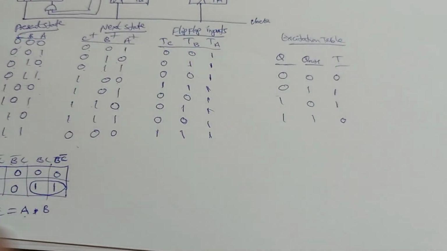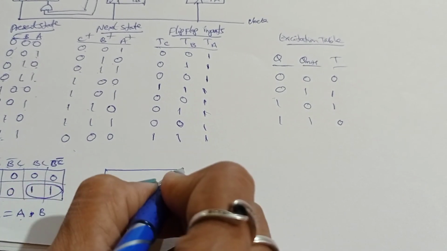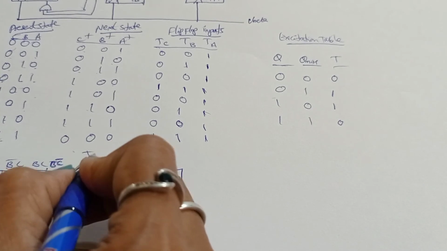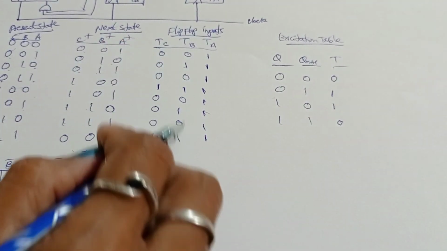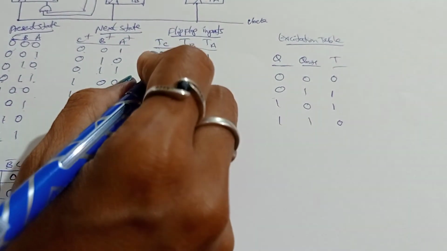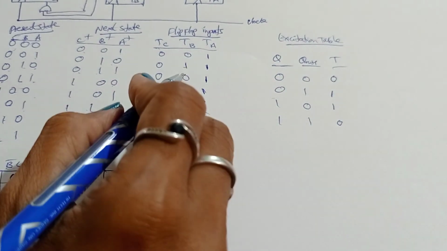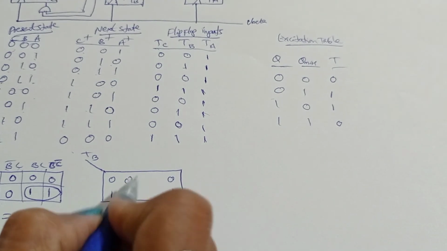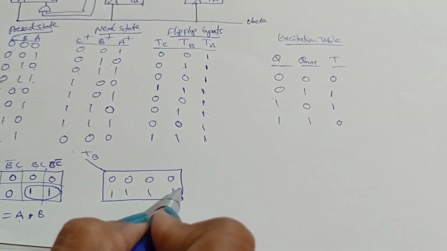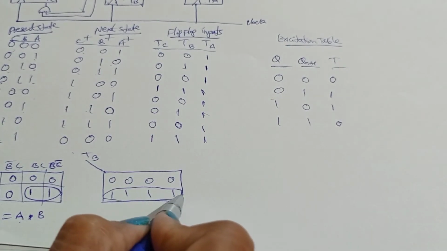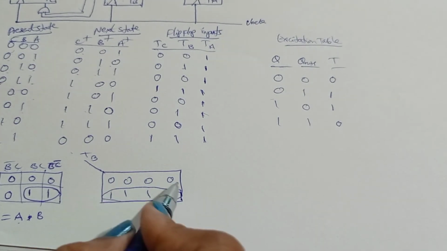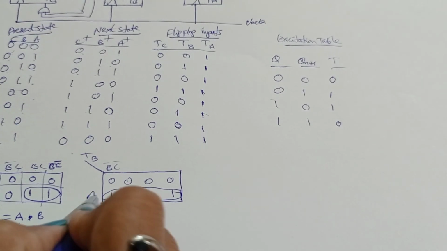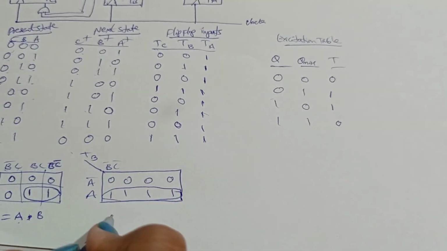Now the same way we'll consider the B flip-flop, TB. This is the flip-flop TB. 0 1 0 1. Now it is a quad. Quad means this side BC is eliminated and only A remains the same.